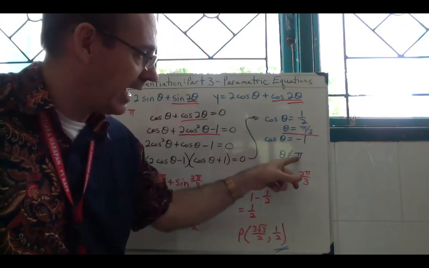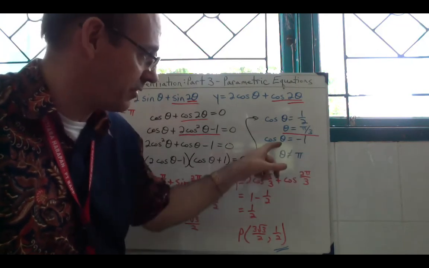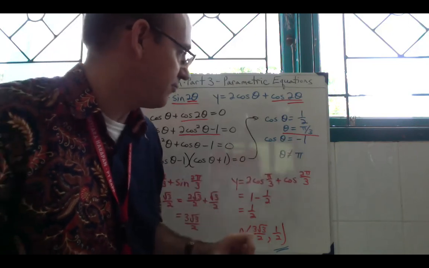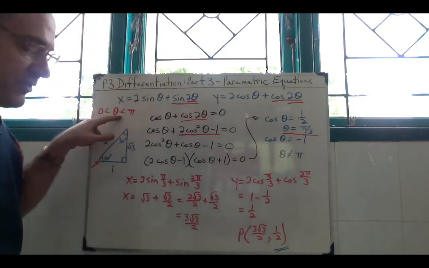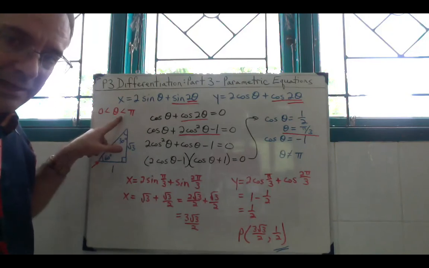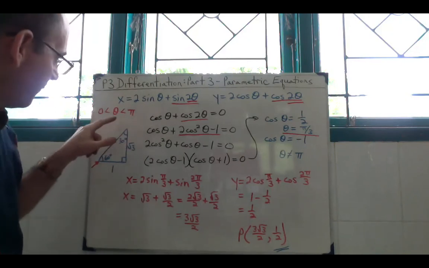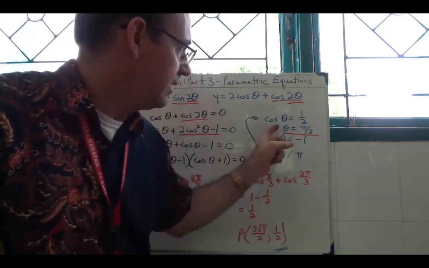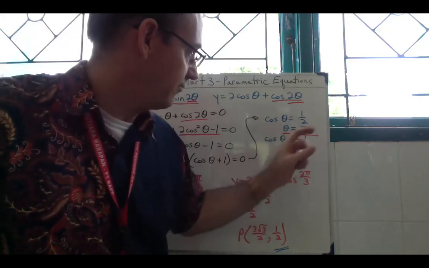Cosine would be -1 at pi, so theta would be pi, but pi is not allowed in the domain. So don't forget to check your domain. There's no equal to there, so theta cannot equal pi. So the only value that we have is pi thirds.